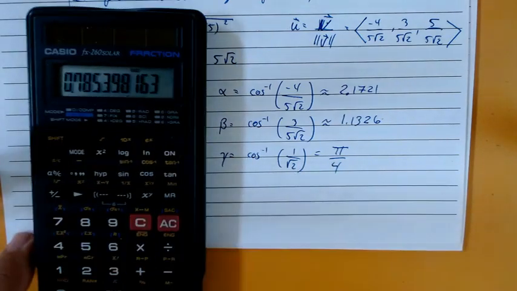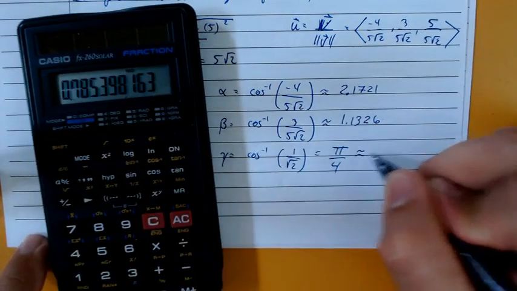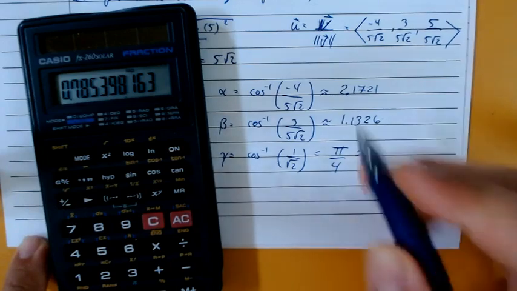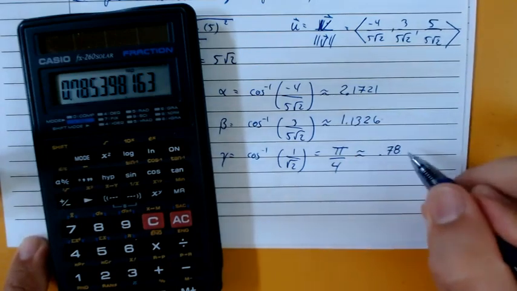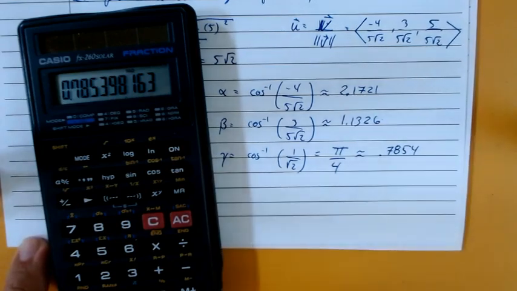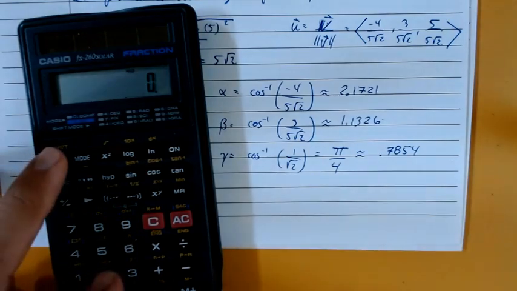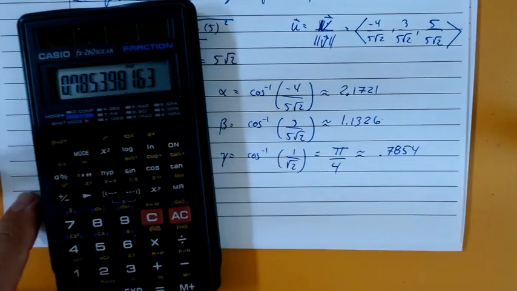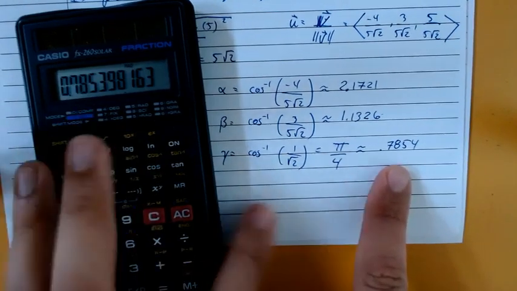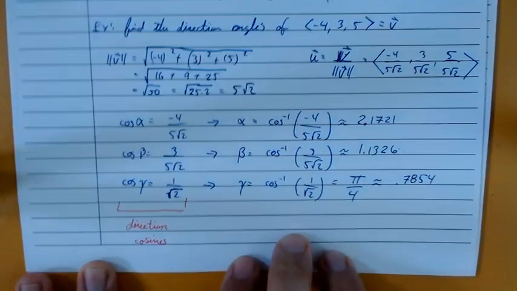Pi divided by 4. If I'm doing these as decimals, I might as well do that one as a decimal: 0.7854. And if you didn't remember that one, then we just take 1 divided by the square root of 2 and take the arc cosine, same thing either way. So there we go. These are our direction angles.